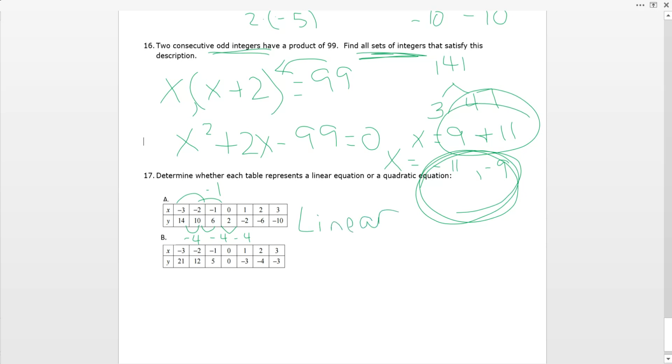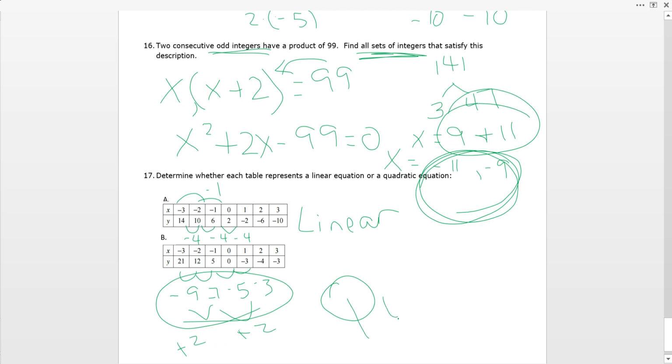The next one, my x values are going up by 1s, and my y values are going down by 9, 7, 5. Okay, not linear. And if I did my second difference, I'd end up with 2, 2, 2, which makes it quadratic.